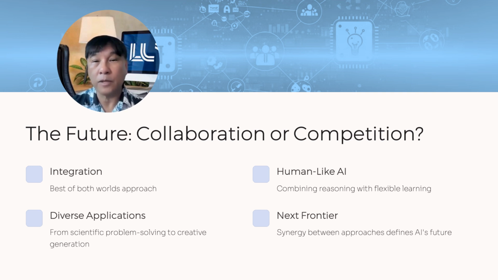The debate between symbolism and connectionism has shaped AI's evolution, but the future may not belong to one over the other. As AI systems become more sophisticated, integrating both approaches offers the best of both worlds, combining human-like reasoning with the flexibility of machine learning.